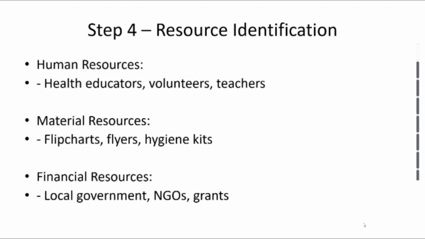Teachers and students are to act as change agents. Material resources: flip charts, flyers, hygiene kits for practical hands-on experience. Financial resources: you can request funds from government, partnership with NGOs, grants, and community distributors.